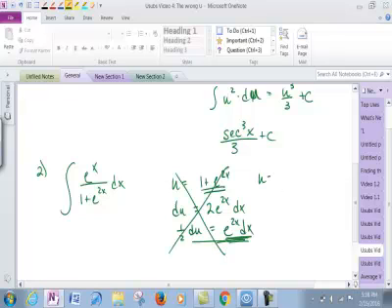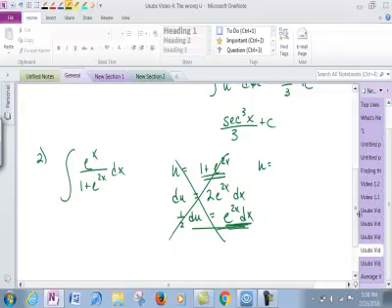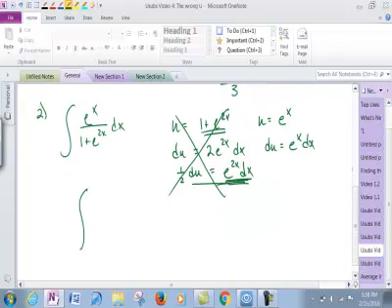So this is one of those where you recognize that it is a form of the derivative of the inverse tangent. So let's do this. Let's go ahead and pick u as e to the x, and then du turns out to be e to the x dx, and then this integral becomes nothing more than 1 over 1 plus u squared du.